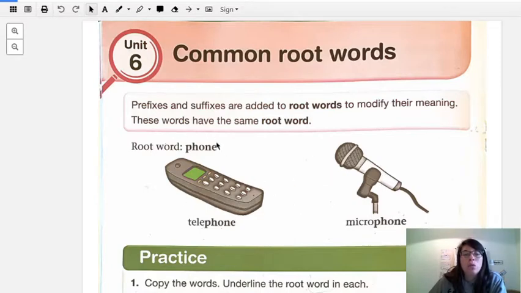The root word is phone, and I can add some letters at the beginning to change the meaning of the word. It's not the same to say phone than to say telephone. It's not the same to say phone than to say microphone. And definitely telephone and microphone are not the same object. That part you need to understand.